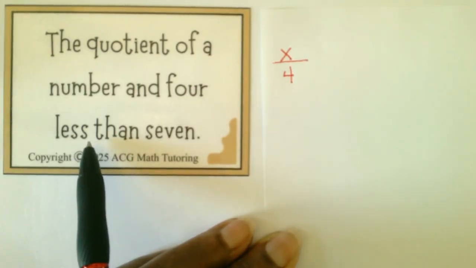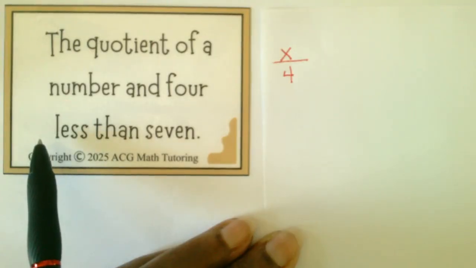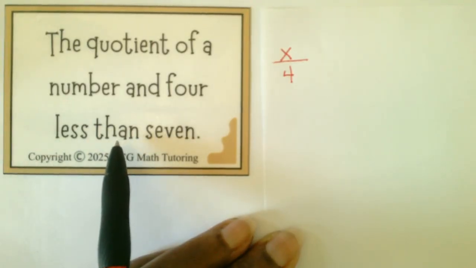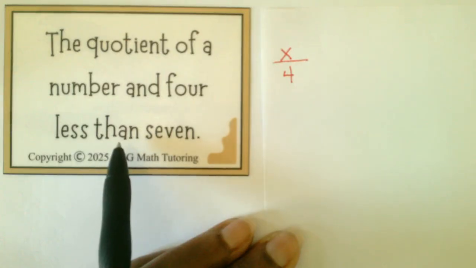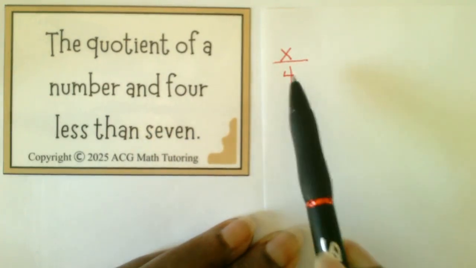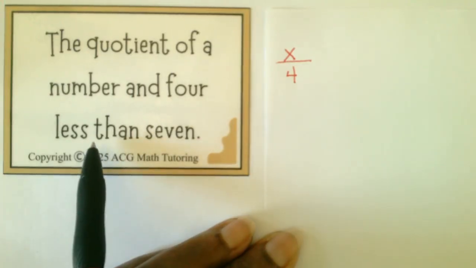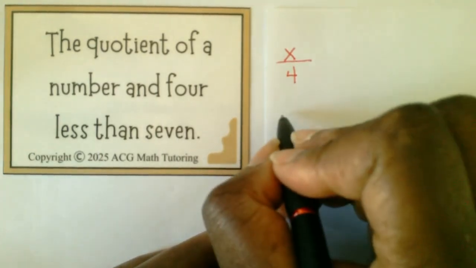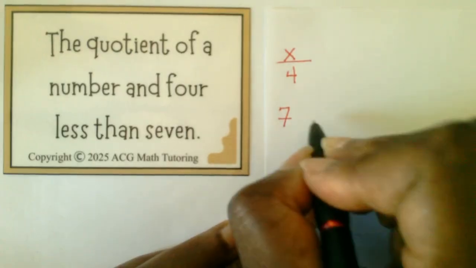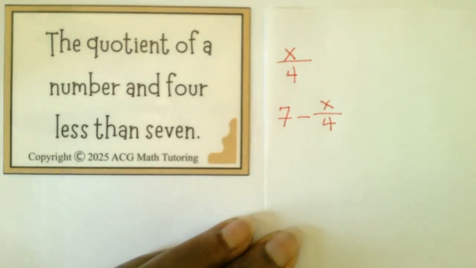Less than is not the inequality. If it had the words is less than in front of it, that's an inequality. When it says just less than, that means subtraction. So they're saying that this x over 4 is going to be the one that carries the minus from the 7. So it's going to look like 7 minus x divided by 4.